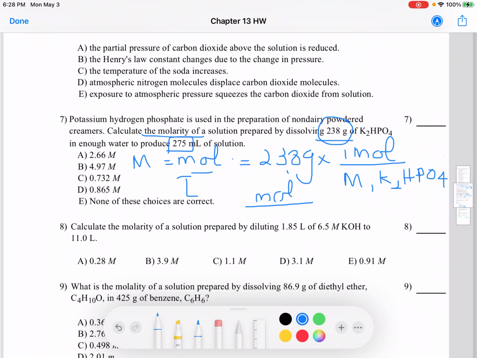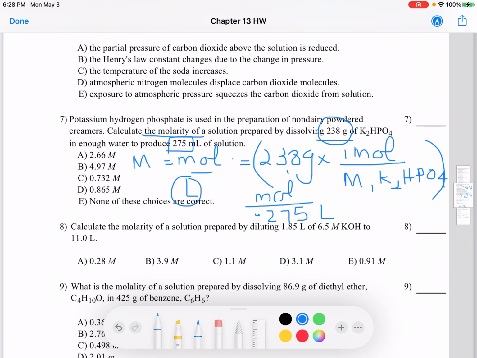You want to make it liters, so by dividing by 1000, we make it liters. Moles from this calculation, divided by 0.275, will give you the molarity.